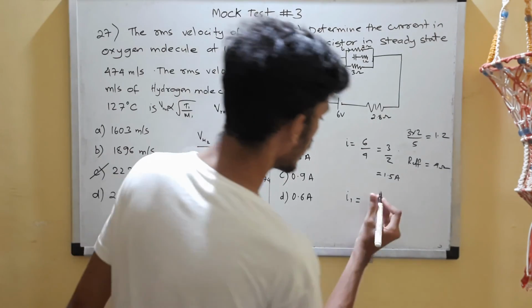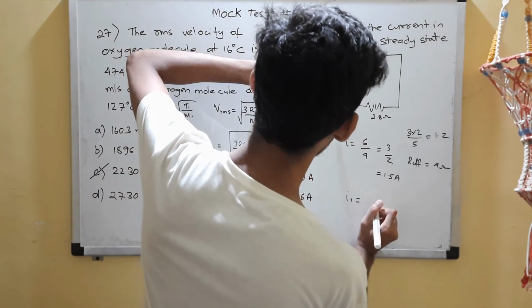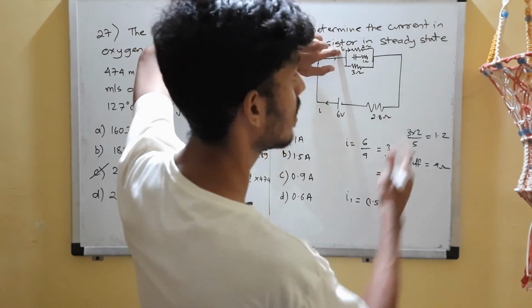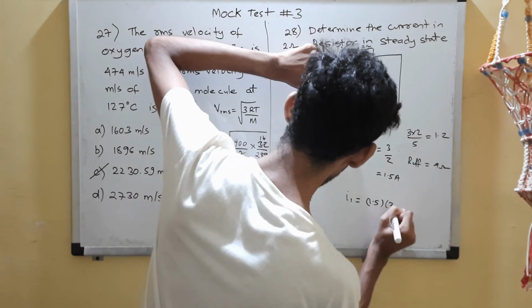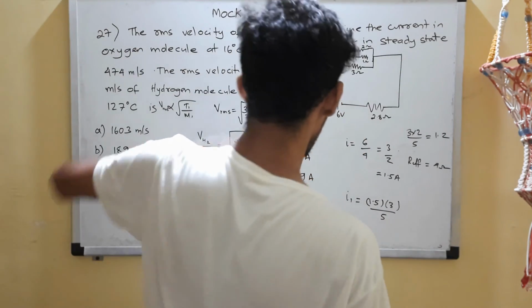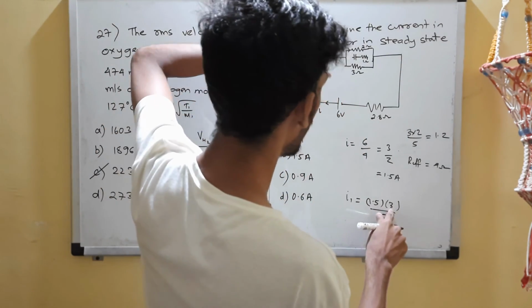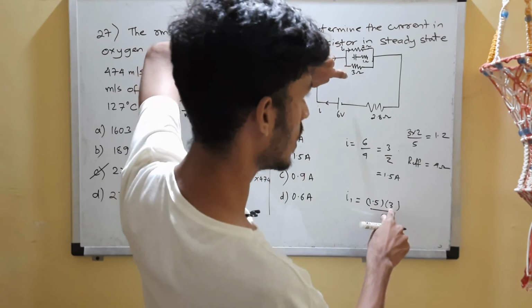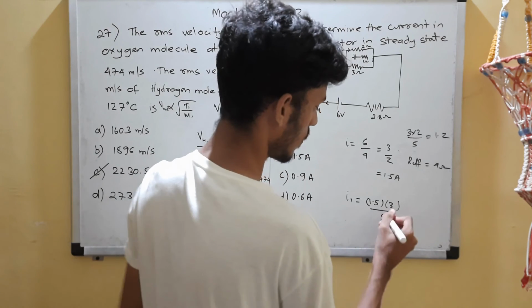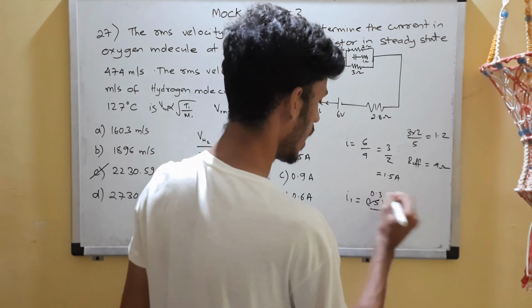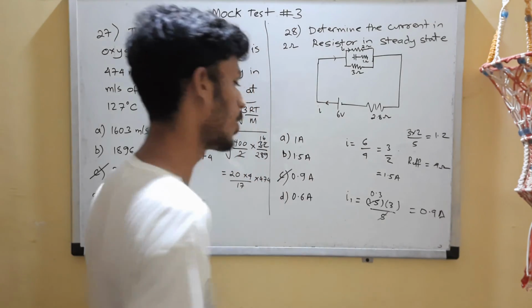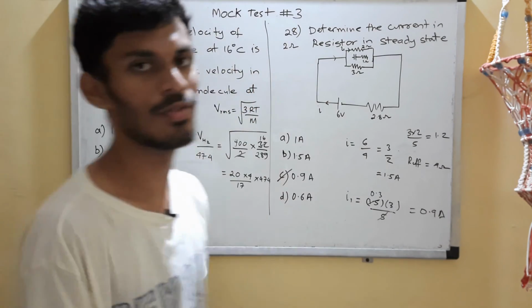Or you can use current divider, which says total current, 1.5, into the resistance in the opposite branch, which is 3, upon the sum of the resistors in the 2 branches. So 5, here you'll have 0.3 and it's 0.9 amperes, okay. So option C, 0.9 amperes, is the correct choice over here.